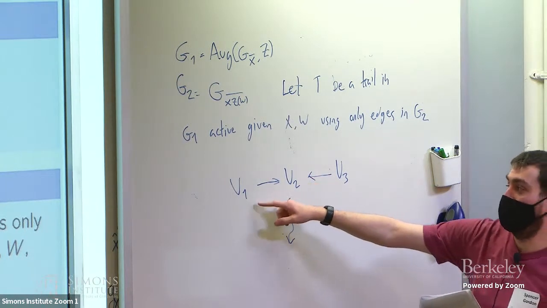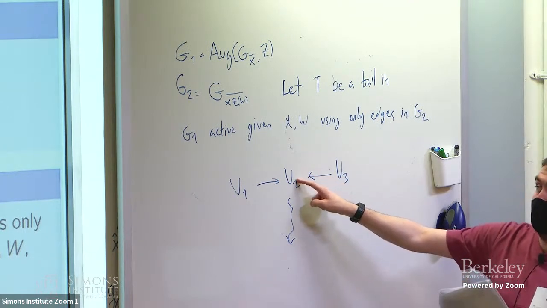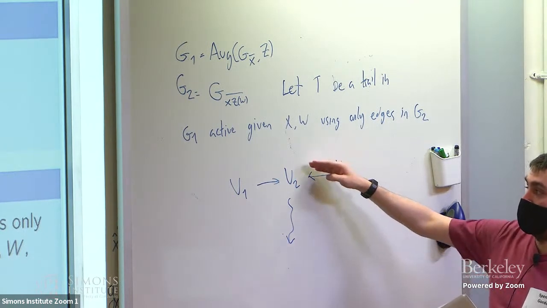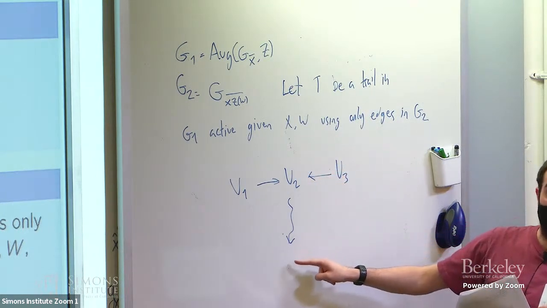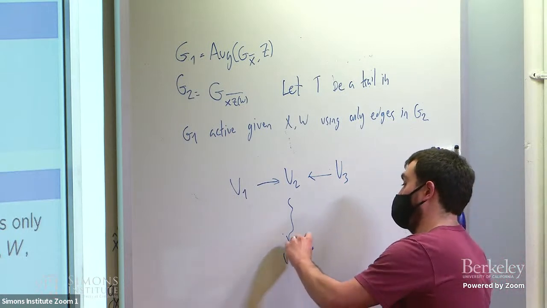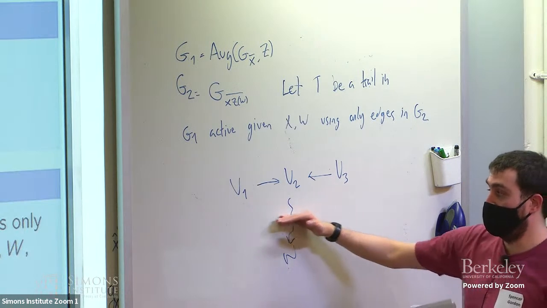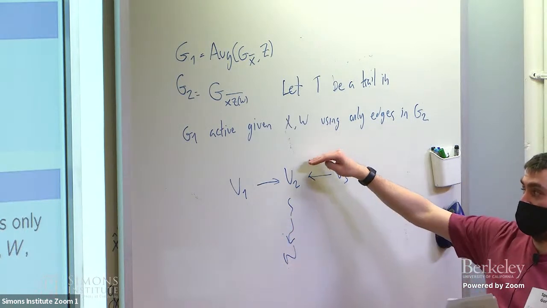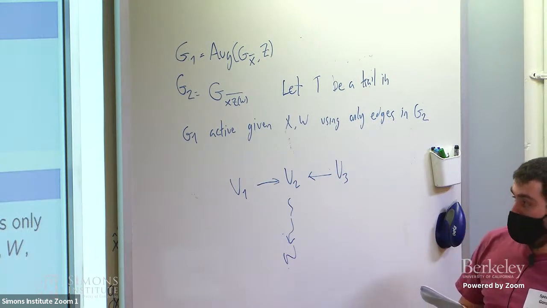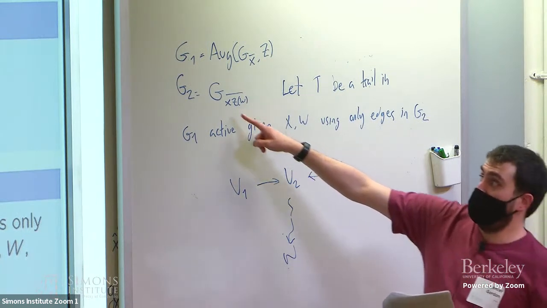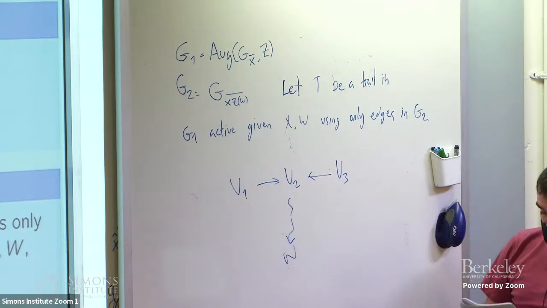So my claim was if this is anything other than a collider, or a collider where V2 itself is an X or W, you're fine. The only case you have to worry about is a collider where you have some descendant in W, because that's the only situation in which cutting an edge here could break this and prevent this from being active. And right, X has no parents in either this graph or this graph. So X is not the reason that this is active in either case.